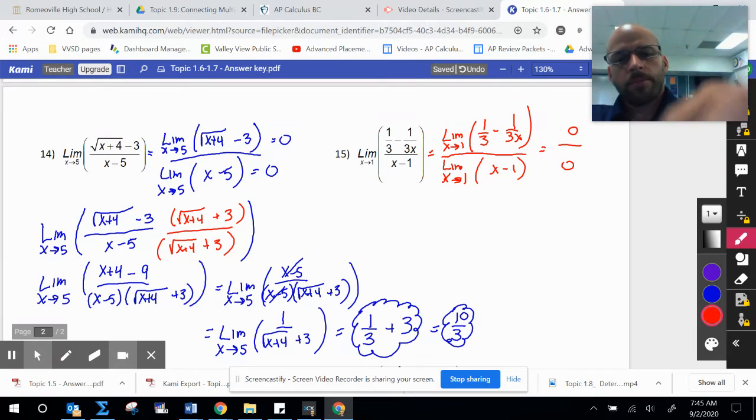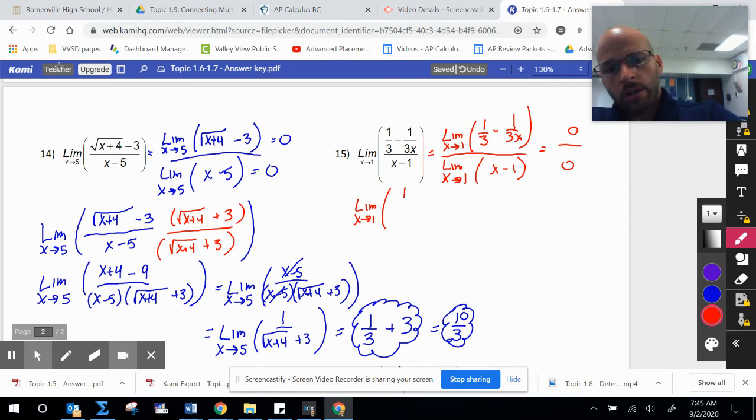Okay. So if I get common denominators, I'm going to have 1 over 3 times x over x minus 1 over 3x, all over x minus 1. Now I am going to put that denominator over 1, just because it's easier when I have fractions on top and bottom.